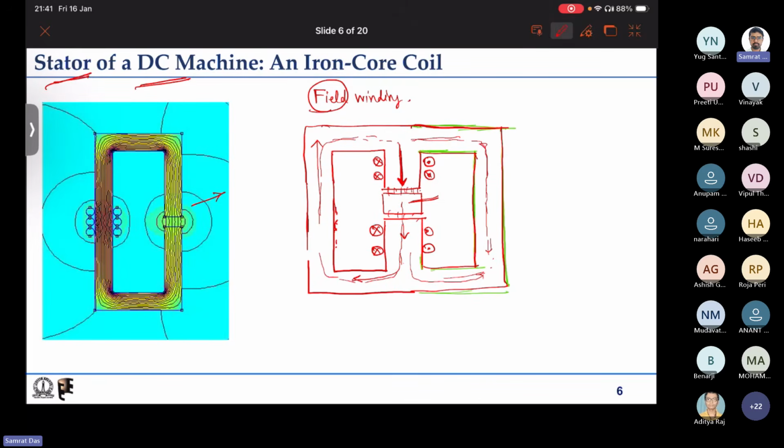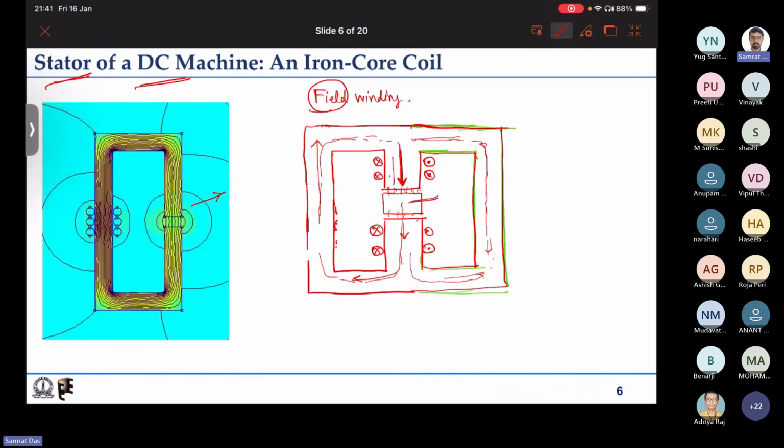So this is the geometry that we have as of now, and if we want almost uniform flux density in all portions of the iron, what do we need to do?